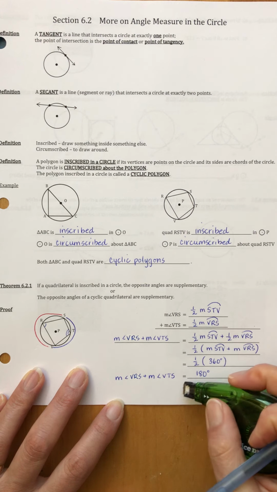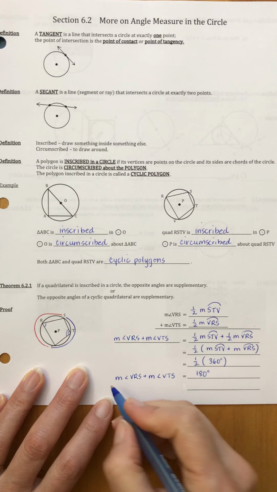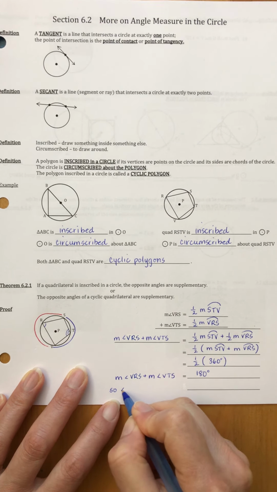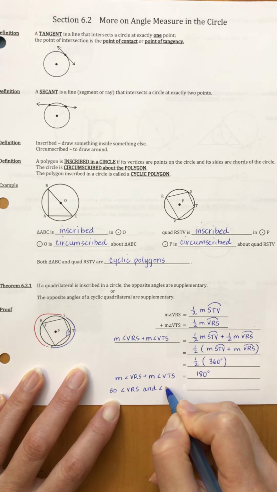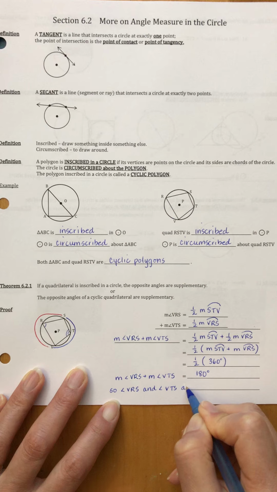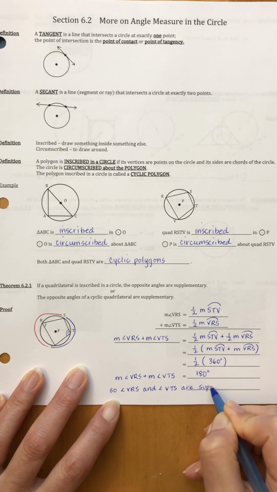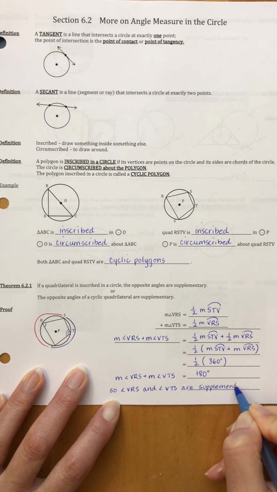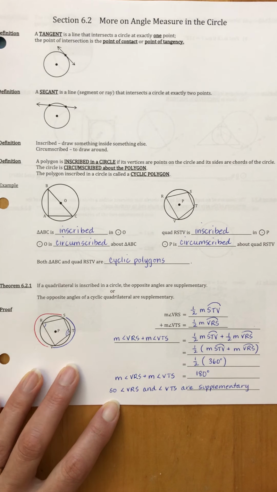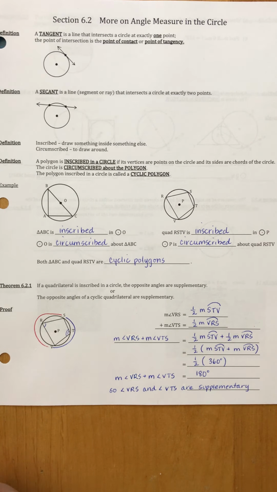I don't really need this equal sign here. I just want to say, so angle VRS and angle VTS are supplementary. Okay, and they are opposite angles. So we did it. That concludes page 1. Please go on to page 2.